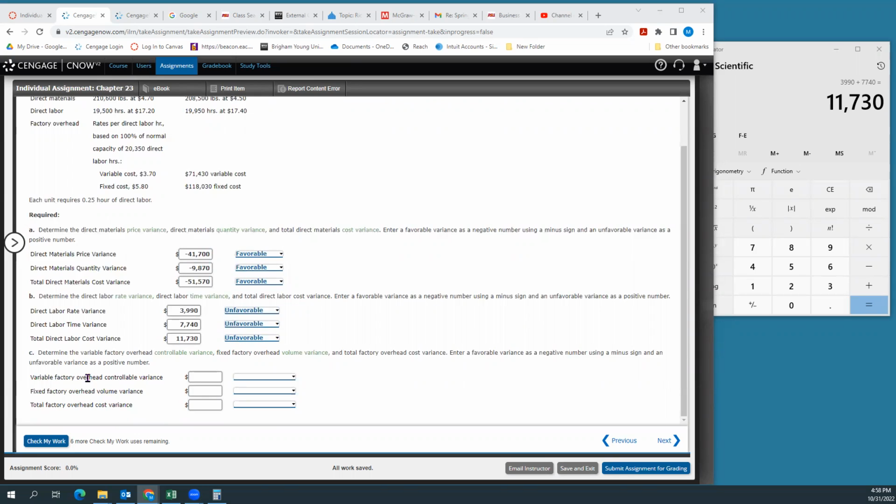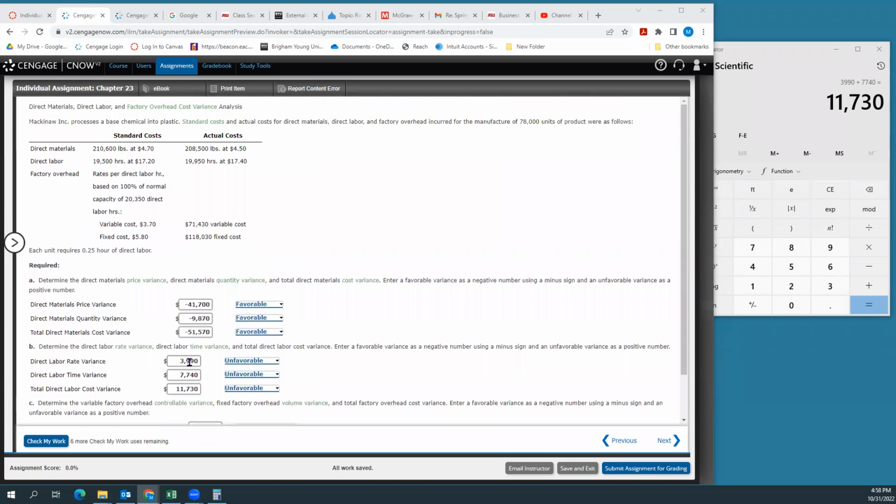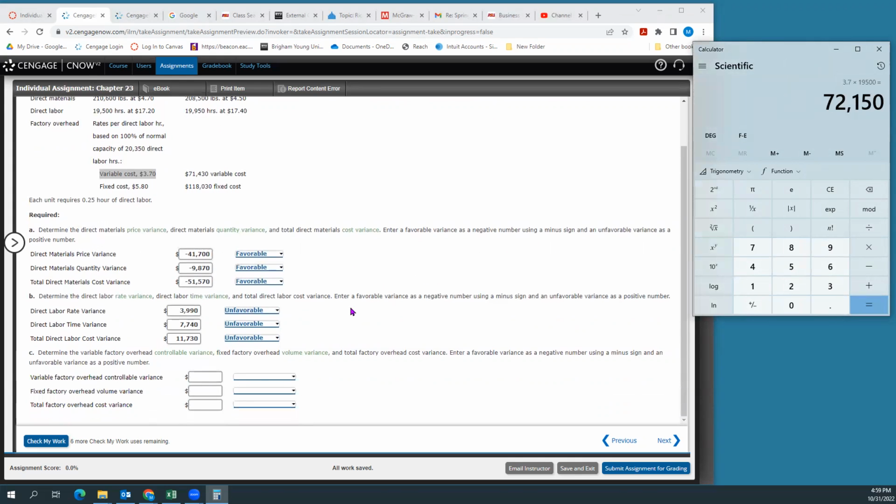Anyway, so we have our variable factory overhead controllable variance, which is going to be our variable cost of $3.70 times our standard direct labor hours, 19,500 hours. So $3.70 times 19,500 is 72,150.